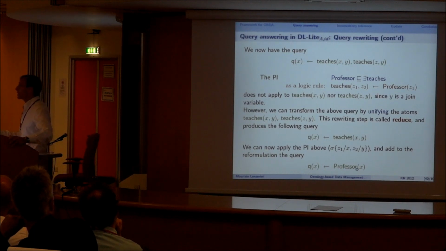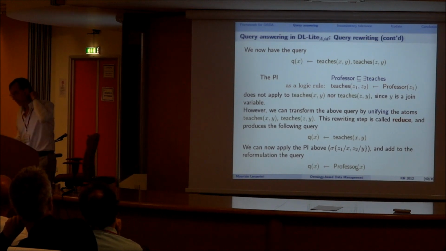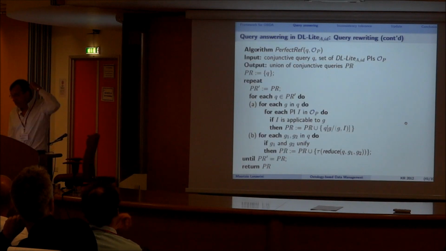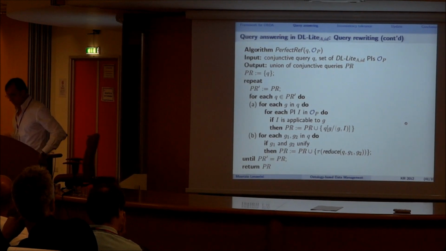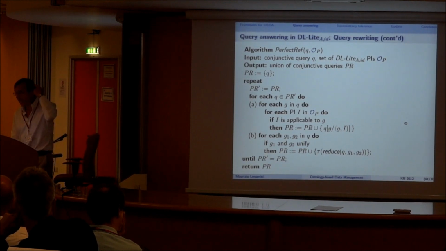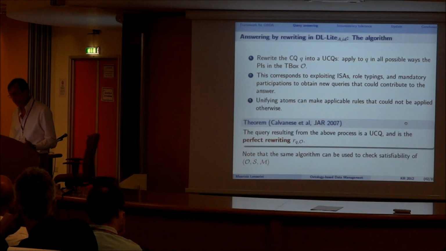So this very simple example shows that you need another rewriting step besides the basic rewriting step that I showed before. This is the reduce step, where you try to unify the atoms of the query, and in doing that, you can then use more rewriting steps in the following. So with these two basic steps, we were able to show that you have an algorithm for query rewriting. Essentially, you start with the query Q, which is a union of conjunctive queries, and apply to Q in all possible ways the inclusions in the T box.